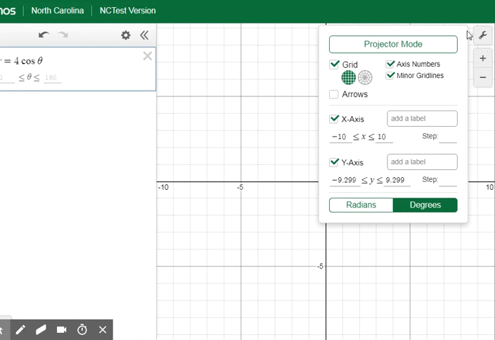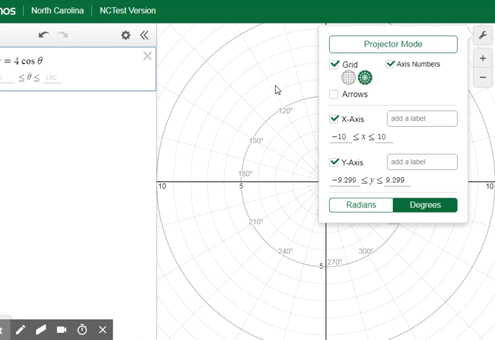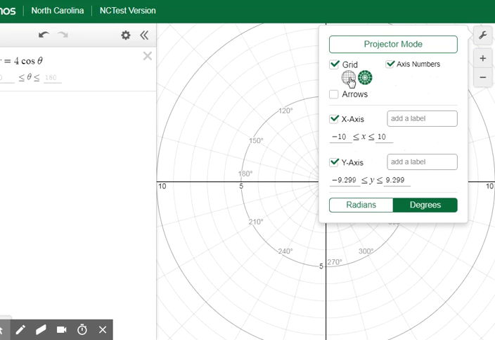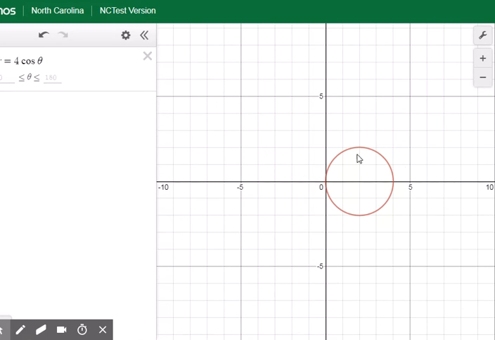Now, if you go over here to the little wrench, below grid, you'll see there are 2 little circles right there. The one that's highlighted is your rectangular form. If you click on the other one, it changes the graph to polar form. Okay, so that would be graphing that circle on the polar coordinate system. But I think it's pretty cool that you don't actually have to change the mode to graph a polar equation on your rectangular axis.